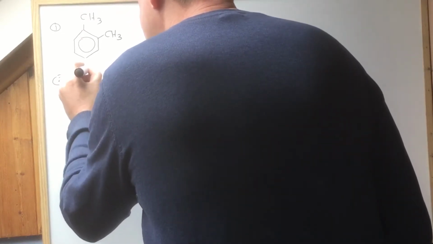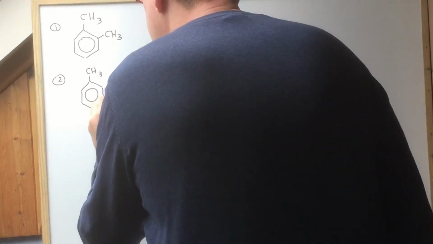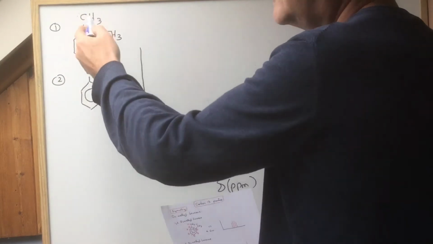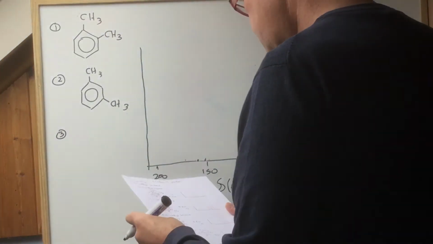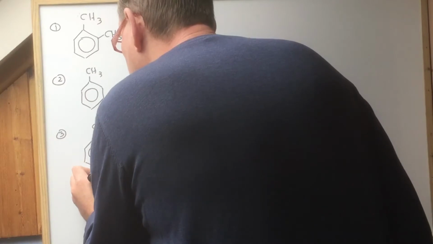CH3 on it, CH3 on it. So slightly different. Remember, name that. While you're at it, give you something to do while you're watching me. And this one finally, benzene ring, methyl on there, methyl on there.